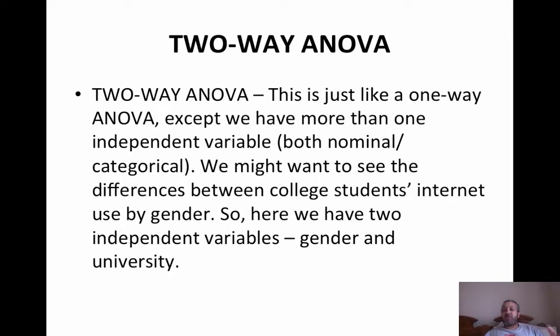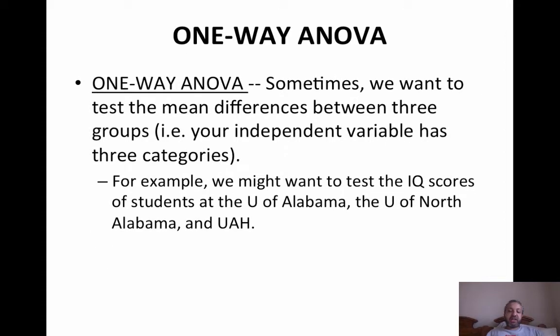And a two-way ANOVA is just like a one-way ANOVA, except that we have more than one independent variable, right? It's exactly the same, but now we have two, for example, independent variables. So you might, for example, want to see the differences between college students' internet use by gender. So now let's go back to the previous example. You want to look at internet usage, but you have three universities, right?